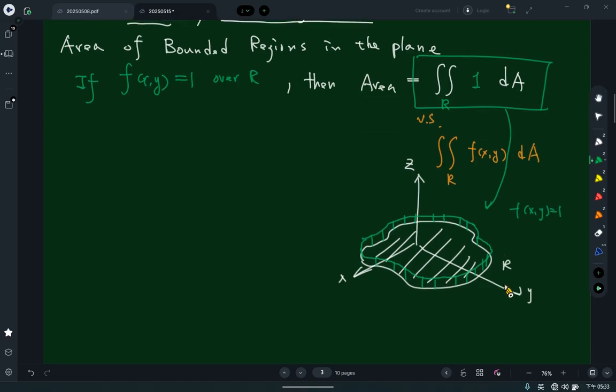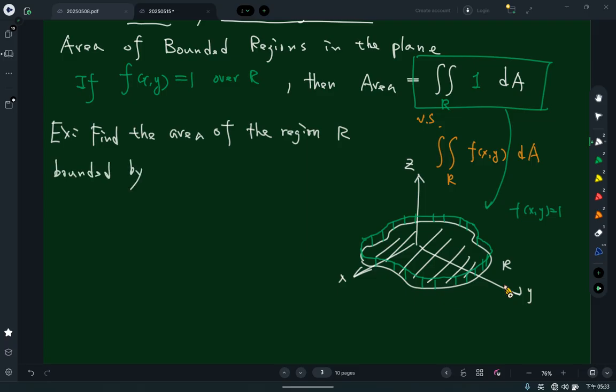So then I can give you an example about this. Please find the area of the region R, which is bounded by y is equal to x and y is equal to x squared in the first quadrant.